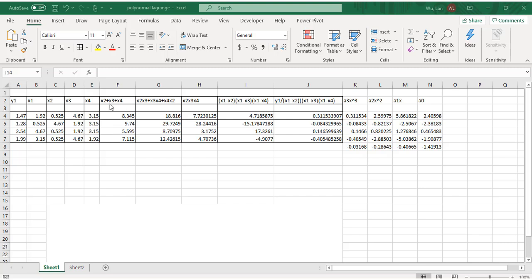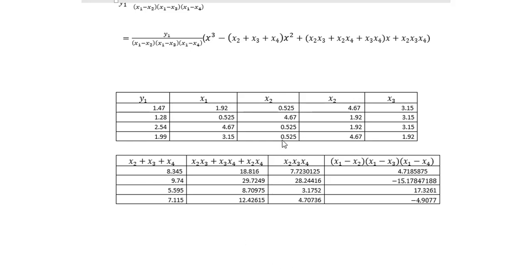Then I make these expressions using Excel to work out. This is the sum for the coefficients A3, A2, A1, and A0. Then I will copy this to the Word document so that I get these 2 tables.